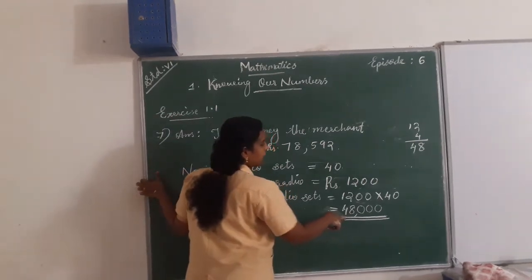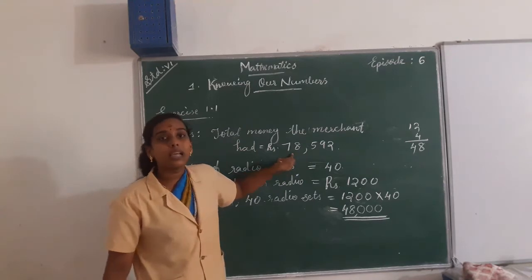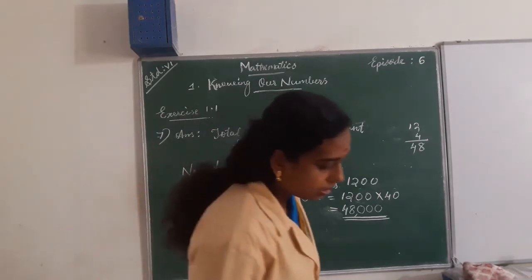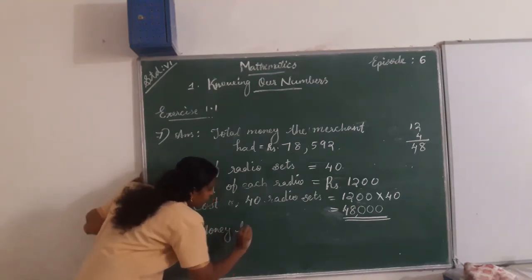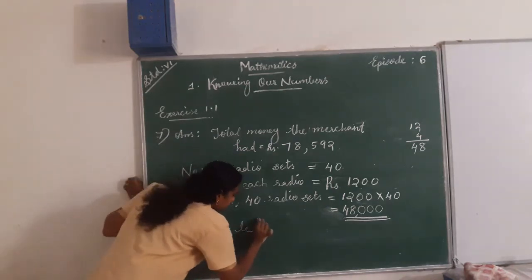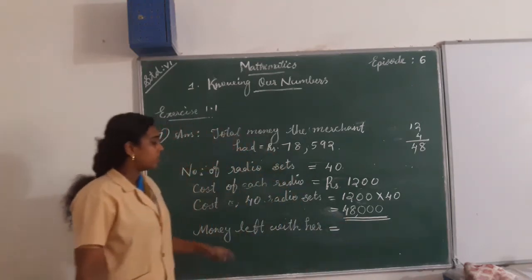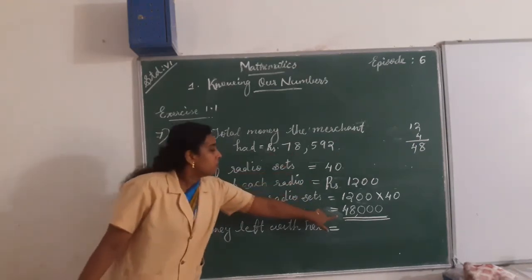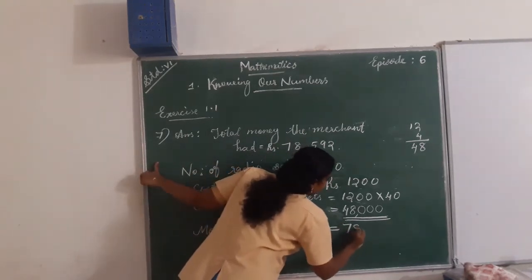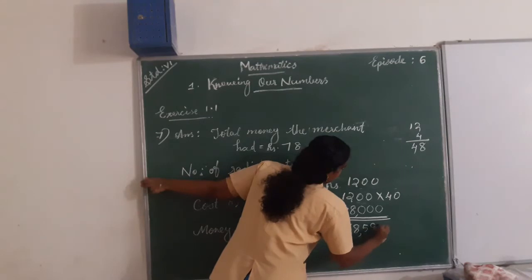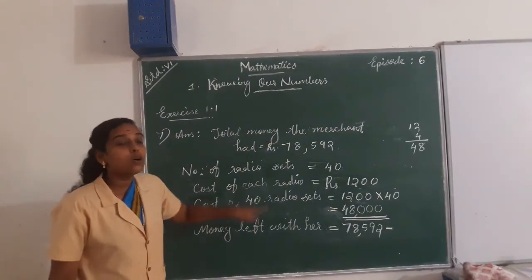The cost of 40 radios is 48,000. The total money the merchant had is 78,592. 78,592 minus the cost of 40 radios.